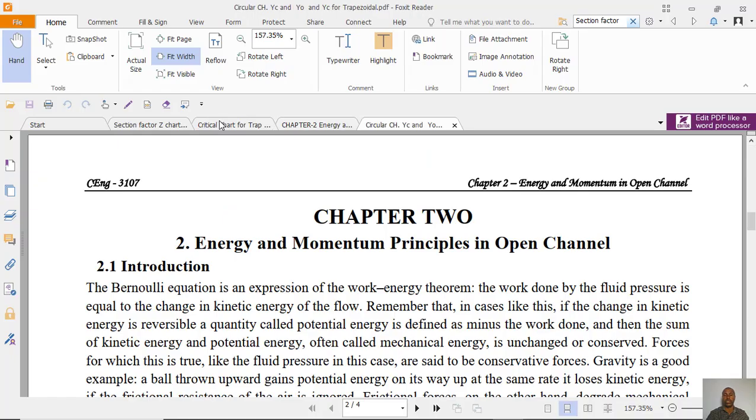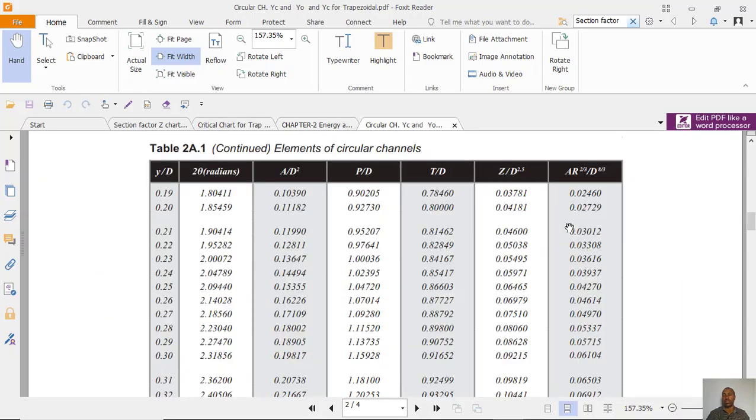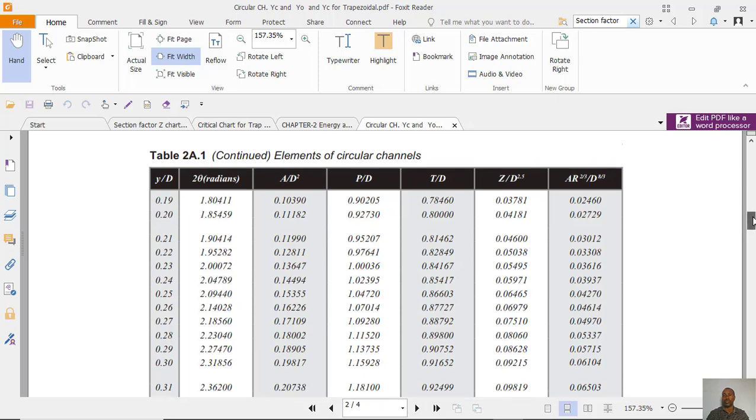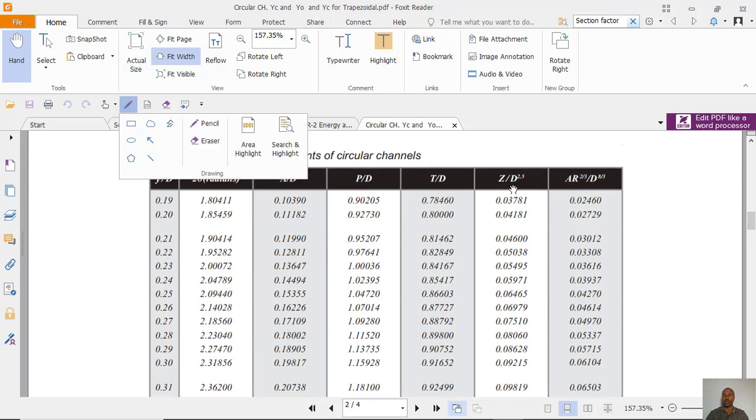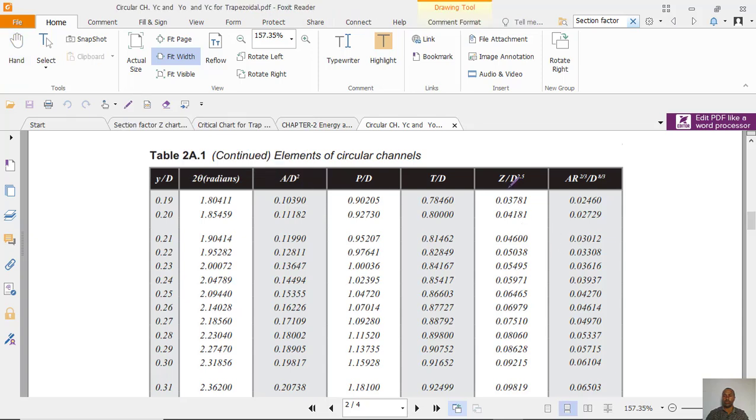For the trapezoidal section, once you compute psi, which is Z over D to the power of 2.5, then you read from here, and finally you can have y over D. So once you compute Z over D to the power of 2.5, you will have y over D. This is for critical flow, and this is for normal depth calculation.